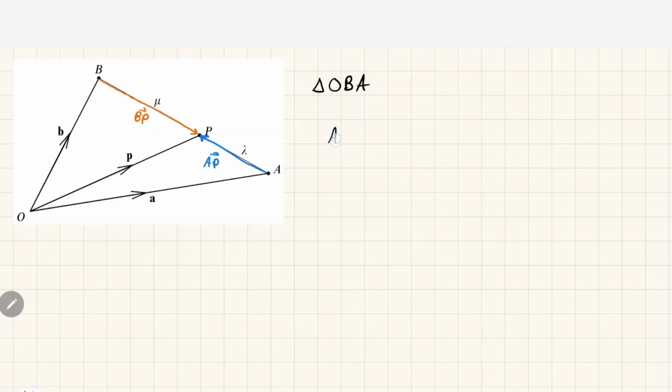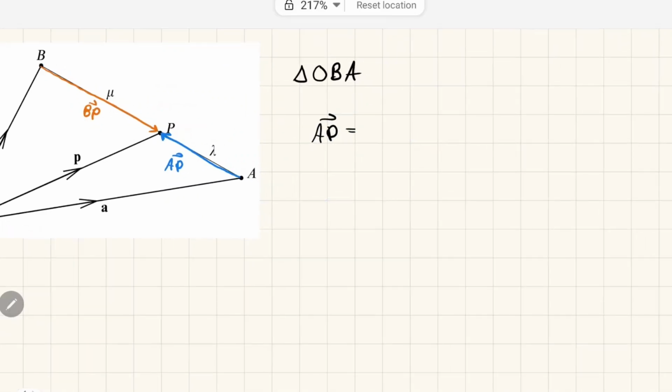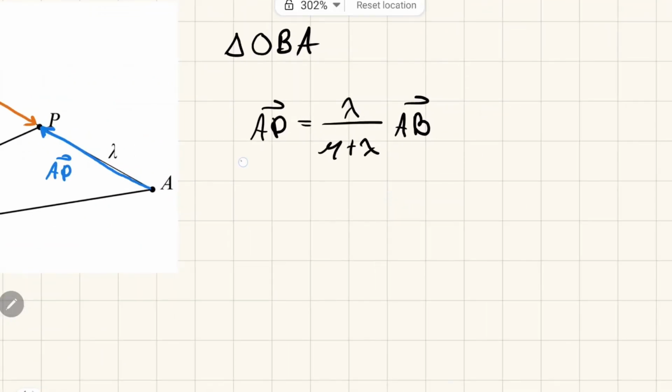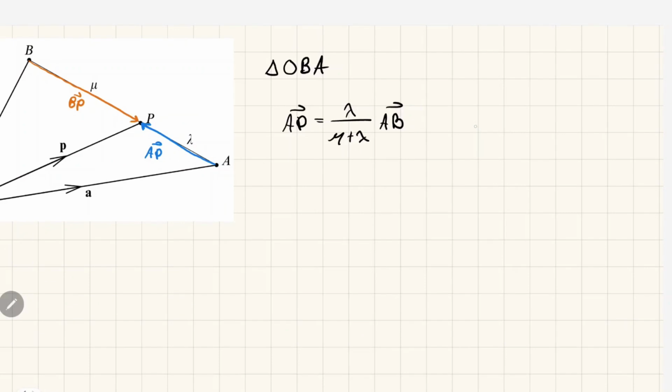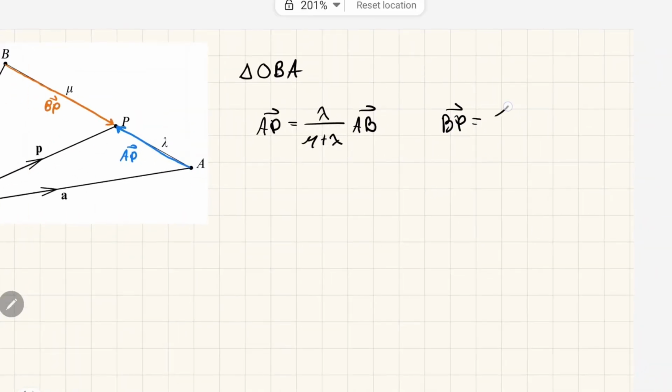For example, AP is equal to lambda divided by mu plus lambda times AB, right? So it's like taking the percentage that corresponds to AP from AB, the piece from AB that corresponds to AP.